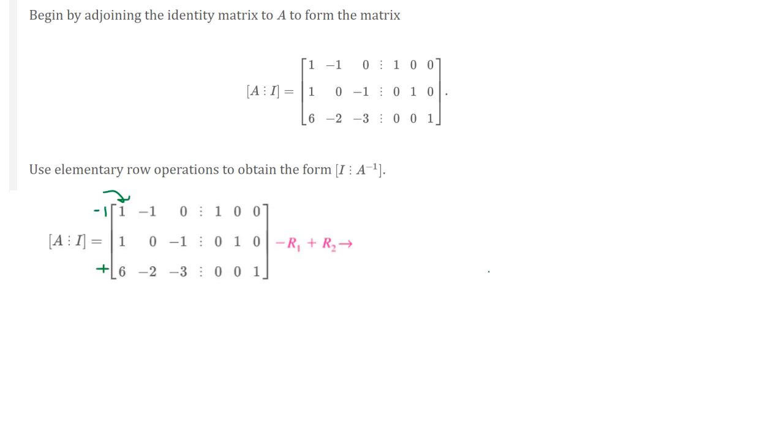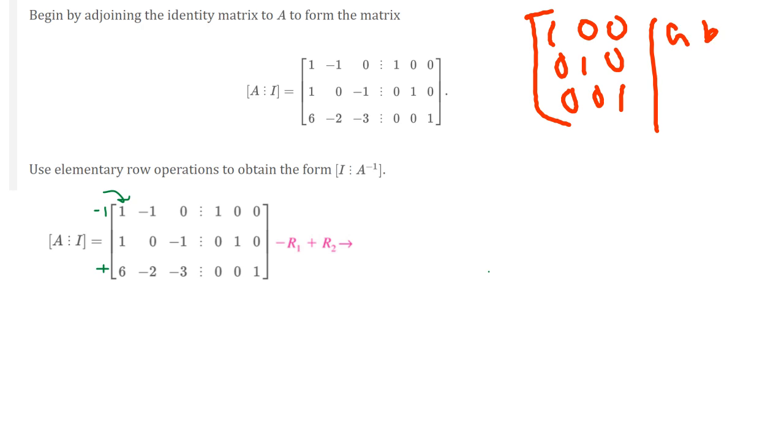So again, we're going to attach the identity. So I've attached the identity here. And then my goal, let me write my goal up here so we can see it, is to have the identity matrix first. Okay, so we want to work on having a 1 here first, which we do.